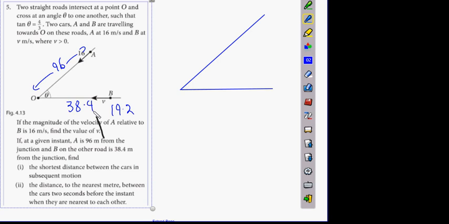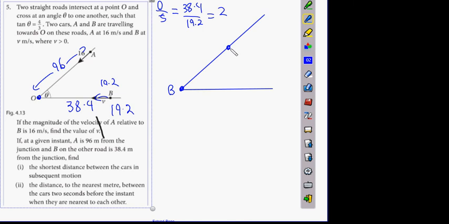Which one's reaching the junction first? B is going 19.2 meters per second towards the junction. It's going to reach it in 2 seconds, because when does B reach the junction? It's distance over speed, which is 38.4 divided by 19.2 equals 2 seconds. So in 2 seconds' time, B is at the junction.